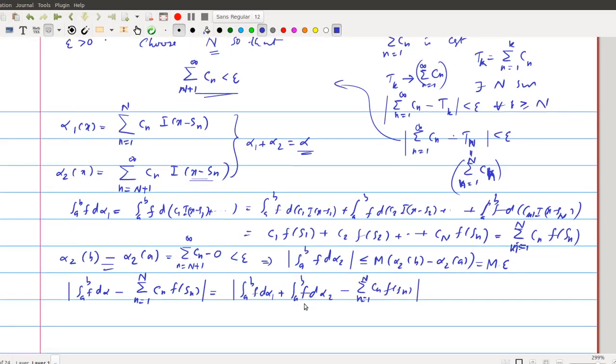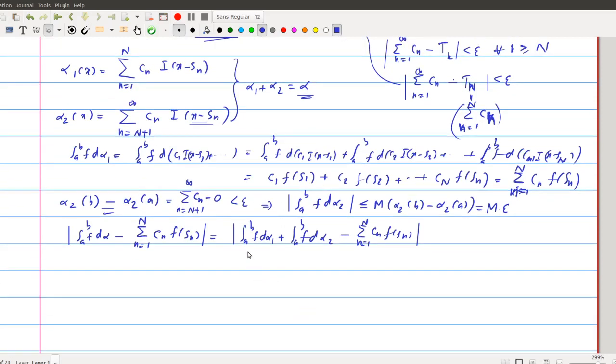But we know that the integral a to b f d alpha 1, what is that? That is this one, so that can be written as the summation n equal to 1 to N cn f of Sn. So we can cancel these two things, as we have seen that these two quantities are the same. So the remaining will be the integral a to b f d alpha 2.